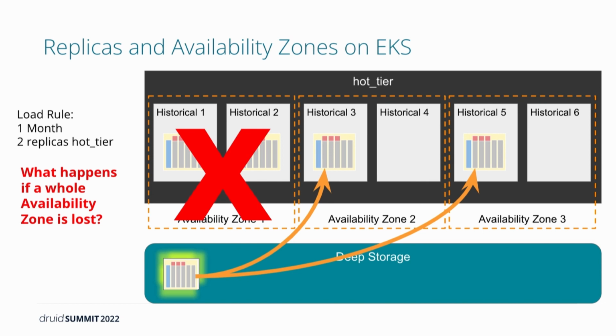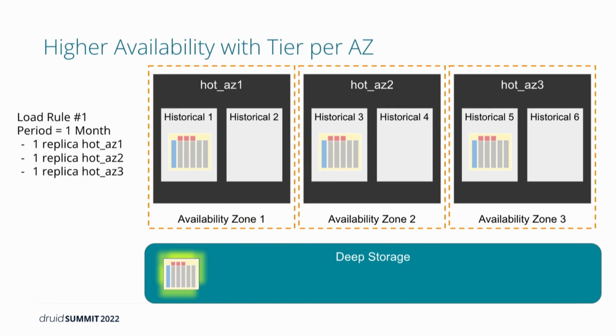So from the broker's perspective, those 2 segments don't exist for a little while. So it could return query results during that time frame that are incomplete, that don't have the data for that particular segment. So there is a way to alleviate this issue using load rules.